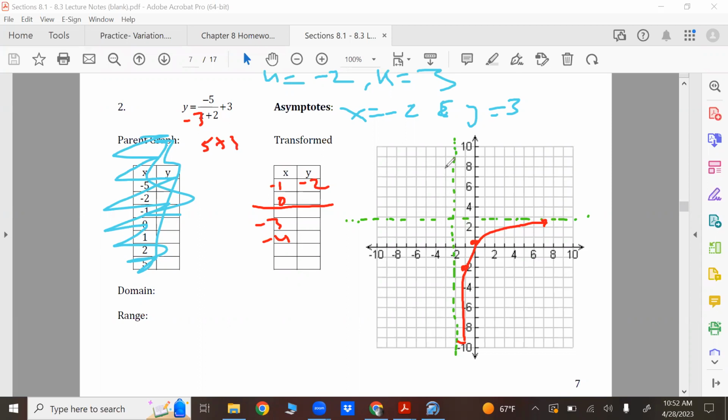So -3 comma 8 way up here. If I plug in -4, you get 5/2 + 3, which is 5.5. Domain's going to be all real except -2.